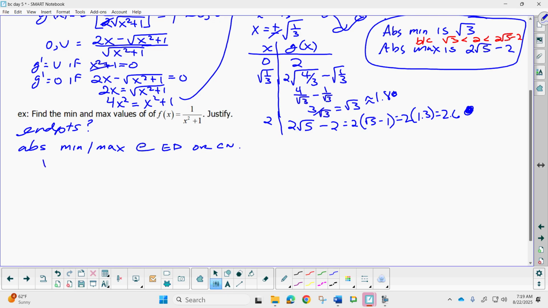The domain is all reals because x squared plus 1 is never 0. F prime is x squared plus 1 to the negative 2, and then the derivative of the inside is 2x. This is 0 or undefined at x equals 0.